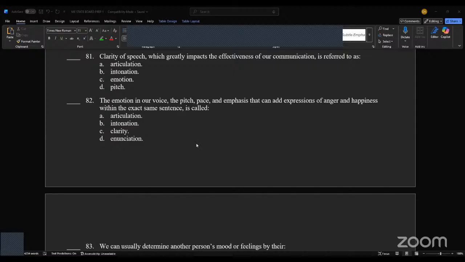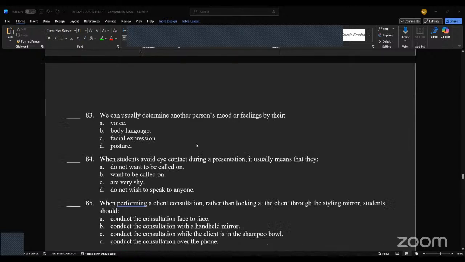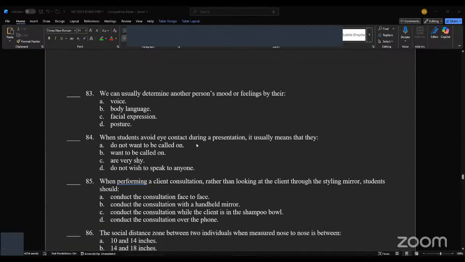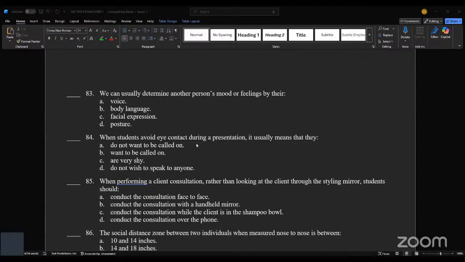Intonation. 83, we can usually determine another person's moods or feelings by their voice, body language, facial expression, or posture. It's going to be facial expression. We can usually determine another person's mood or feelings by their facial expression. So 83 is C.